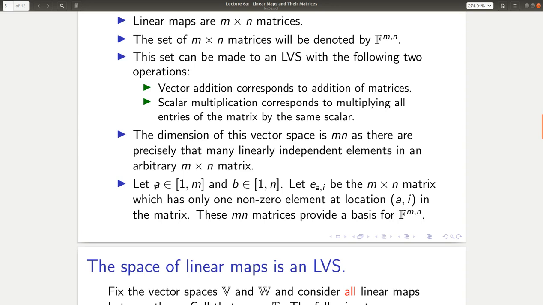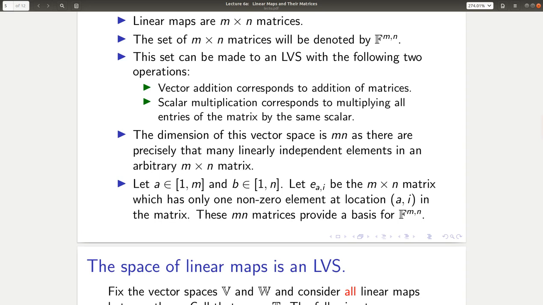So let a belong to the numbers 1, 2, 3 to m, and i can take values from 1 to n. Oh, it should be i actually, not b. This is a typo. i should go from 1 to n. So let E_ai be an m by n matrix which has only one non-zero element. So you go to the a-th row and the i-th column and pick that entry and make that non-zero.